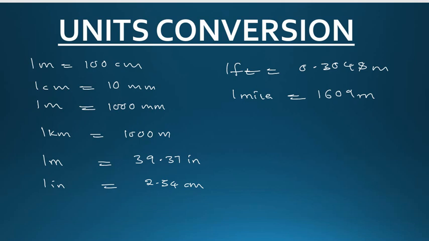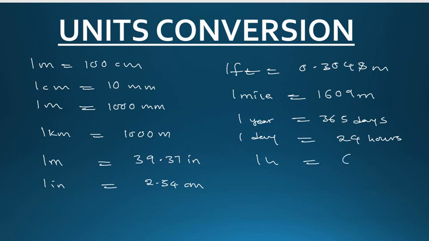Now about time, you need to know that 1 year is made of 365 days if we ignore leap year. Then 1 day is made of 24 hours. 1 hour is made of 60 minutes.